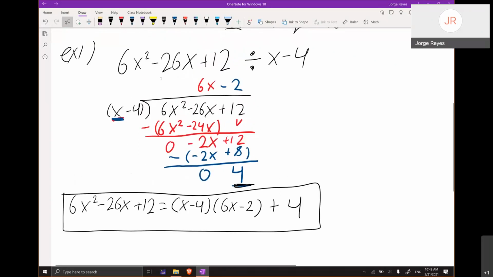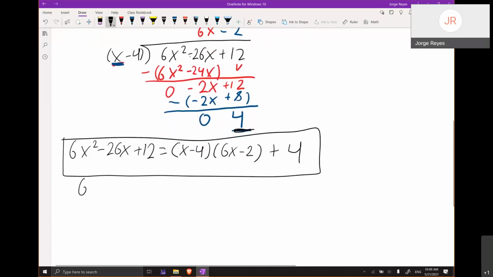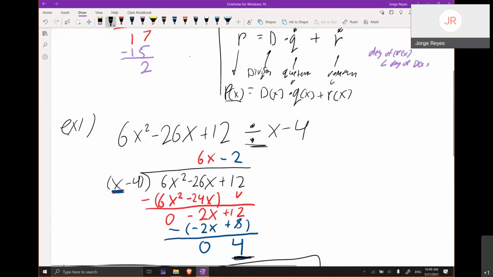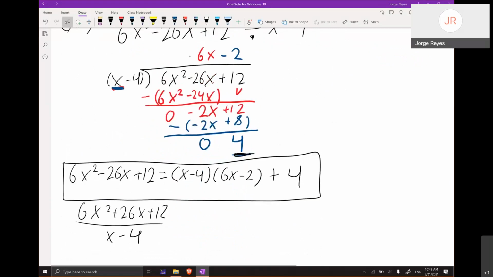If I asked you this very specifically, the answer to the question would be, so let me write it more like normal. I would normally do it like that with the fraction bar, not with the divide symbol. Okay? And then technically it would equal 6x minus 2, and then plus 4, and then you divide by this thingy.